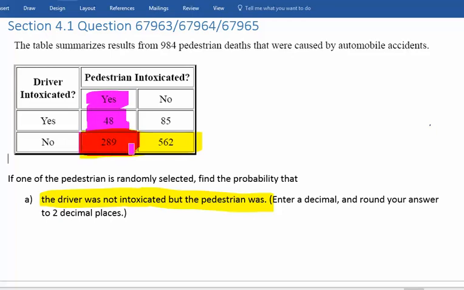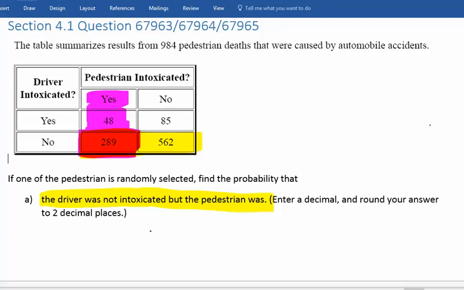Where is the intersection? The intersection is 289. This is the case. The driver was not intoxicated, but the pedestrian was.